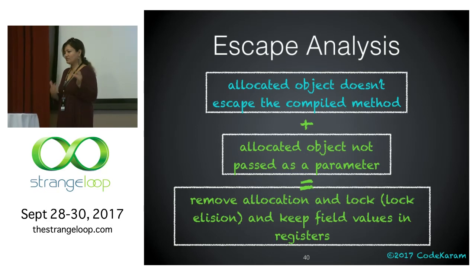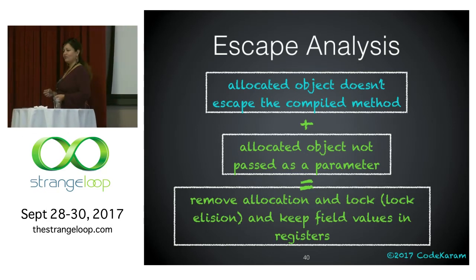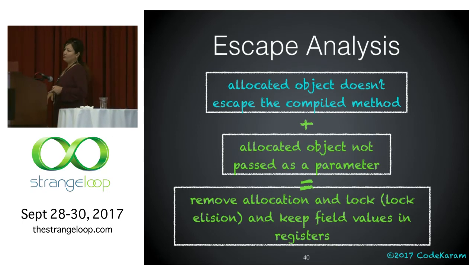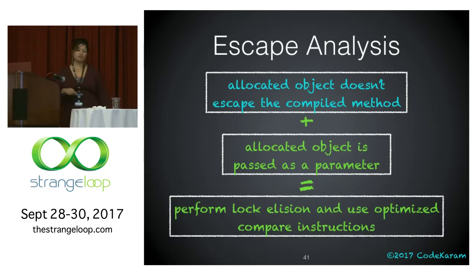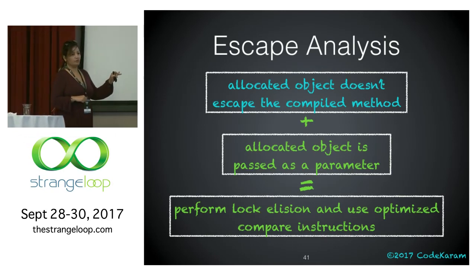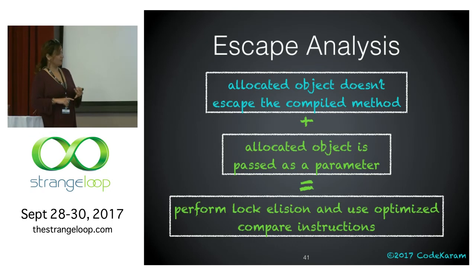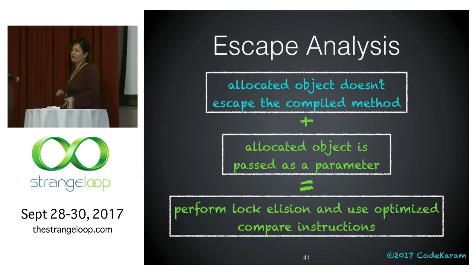So that's a beautiful optimization because you're not taking any space on the heap at all, right? There's another thing we can do too. So what if it was passed as a parameter? We still know that we can perform lock elision, so we can get rid of the lock, and then we can use some compare instructions to do a more optimized path.